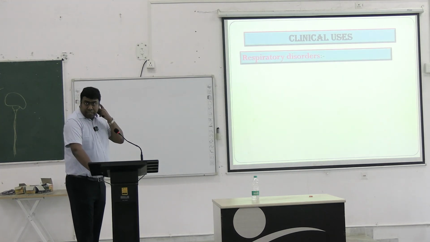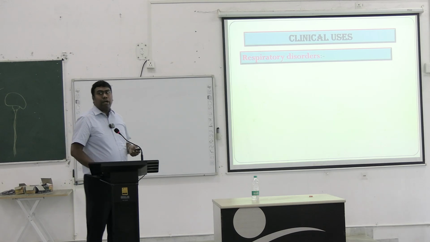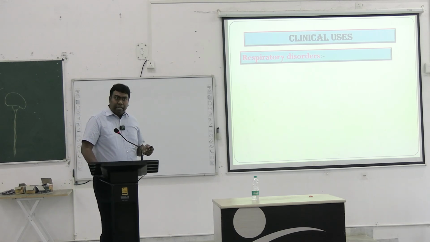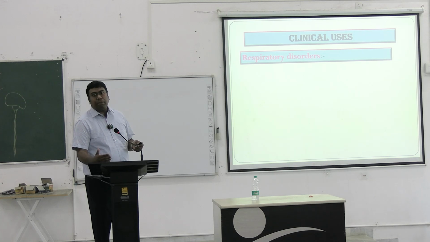Respiratory disorders: where are they used? In bronchial asthma and, more importantly, COPD. In bronchial asthma, the first drug we give is salbutamol.